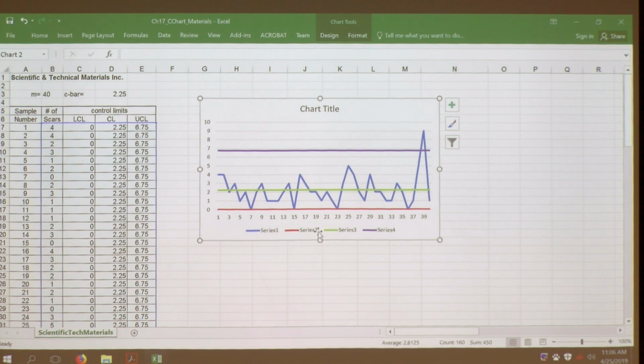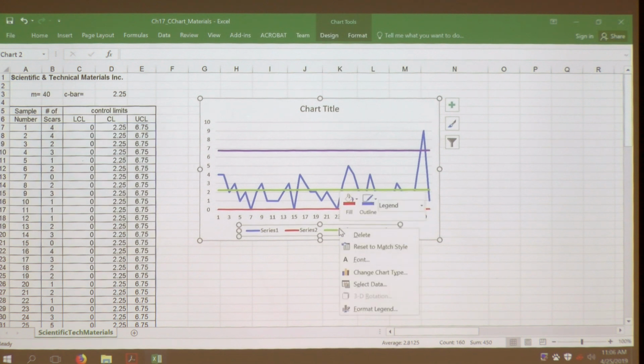Some of you may prefer the legend elsewhere. Do you know what a legend is? This is a legend. Where do you prefer your legend? Some of you prefer it on the left, some on the right, some put it on top, some on the bottom. If you want to fix the legend position, you just click Format Legend.